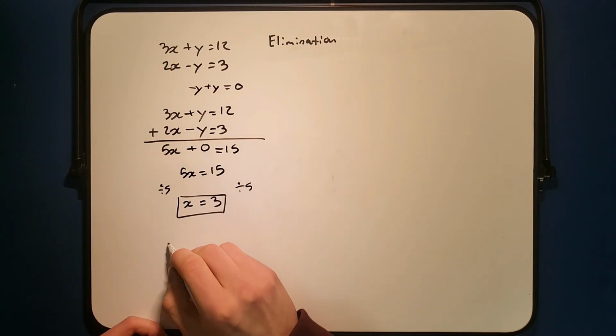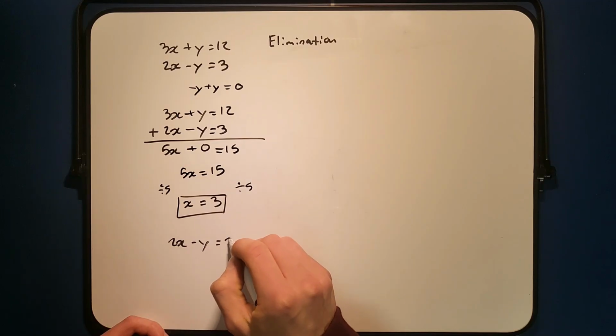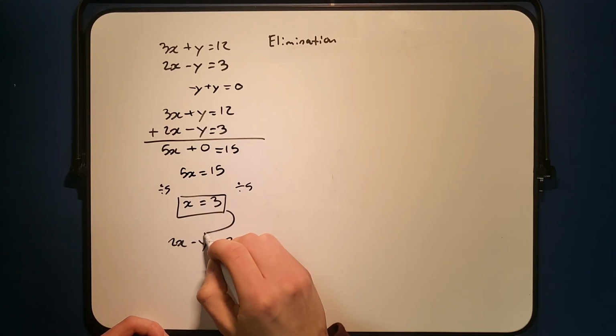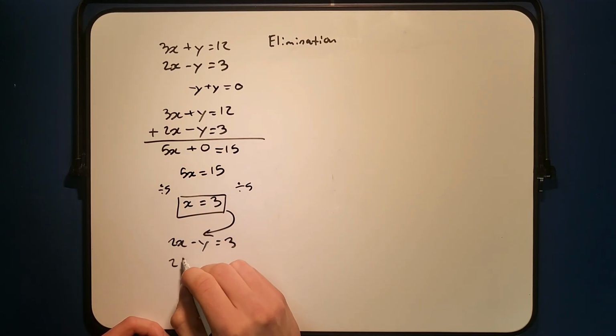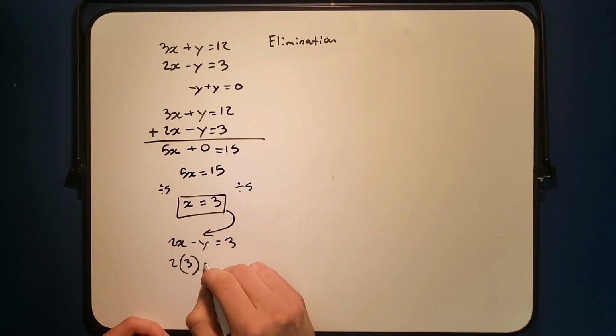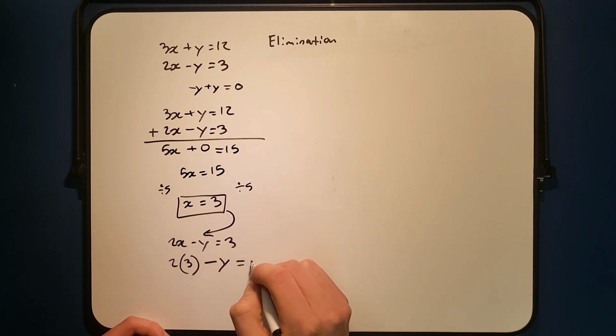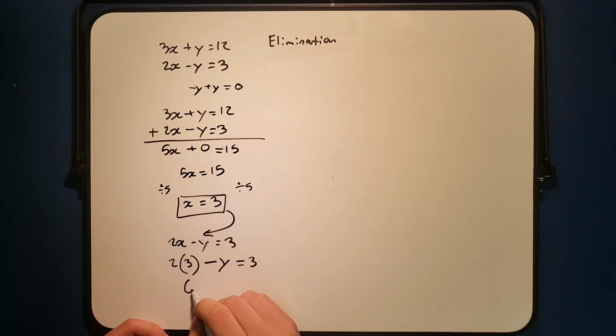So we get 2x minus y is equal to 3. We can sub this into here, so we get 2 times by 3 minus y is equal to 3. Now I will expand this to get 6 minus y is equal to 3. I will put the y on this side to get 6 is equal to 3 plus y, and I will minus 3 from both sides to get 3 is equal to y.